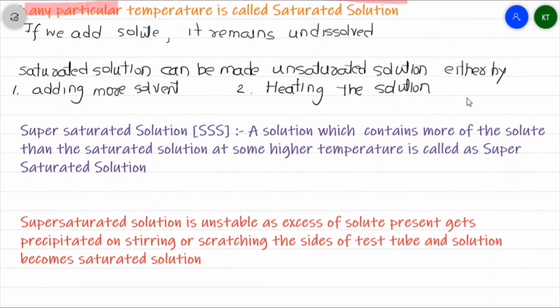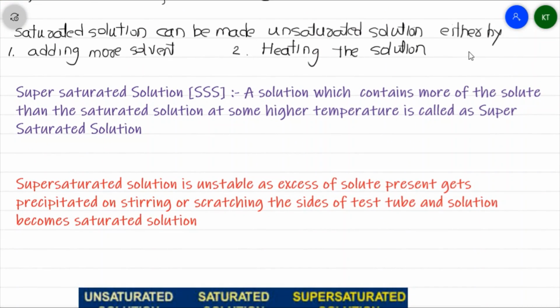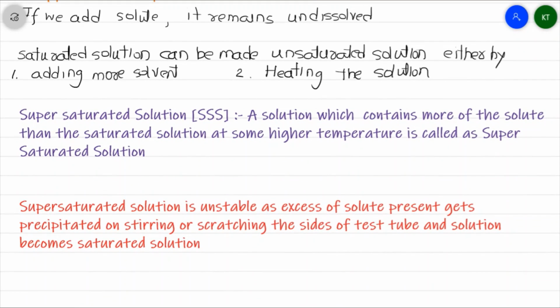Now let me focus on one more category of solution, that is called supersaturated. Now this is very interesting. A solution which contains more solute, please understand, than the quantity you require to prepare a saturated solution, but at a higher temperature, not the temperature at which you make a saturated solution.